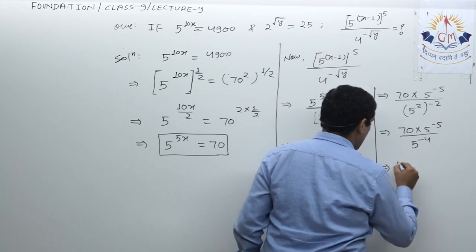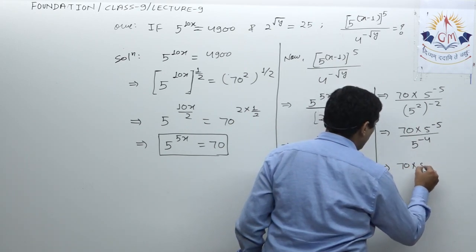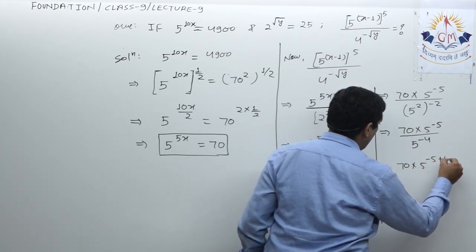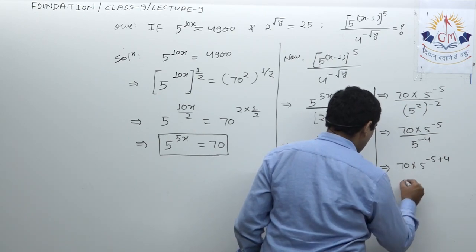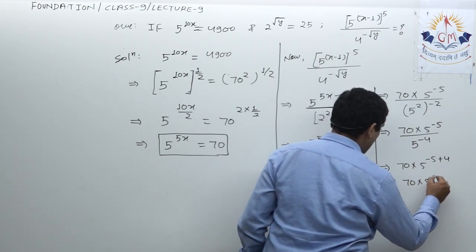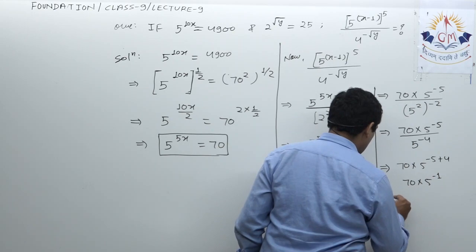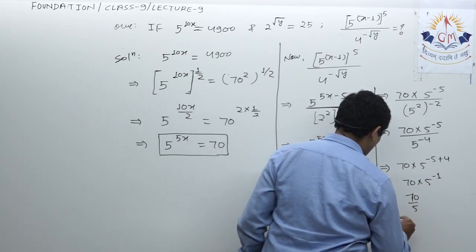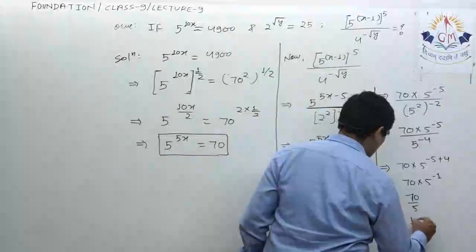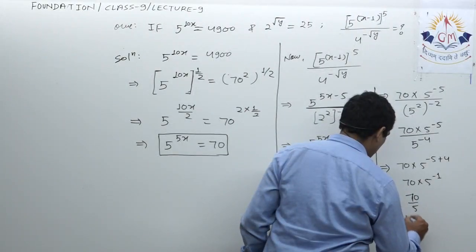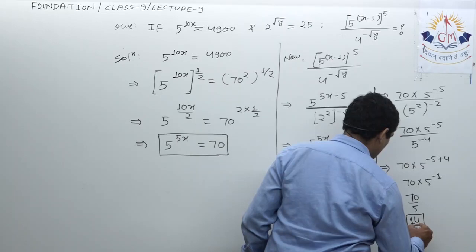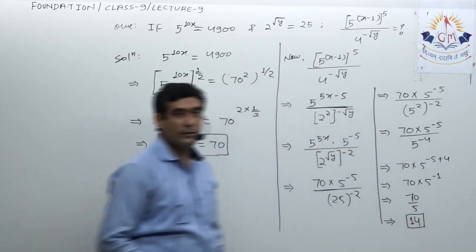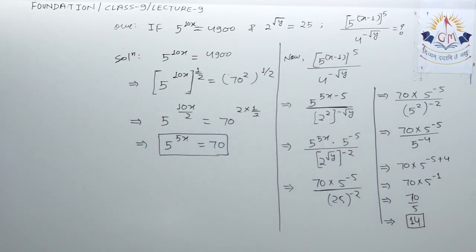Now this minus 4 will come up, so 70 into 5 raised to minus 5 plus 4, that is 70 into 5 raised to minus 1, that is 70 divided by 5. So my final answer is 14. Please note it down, then we'll see the next question.